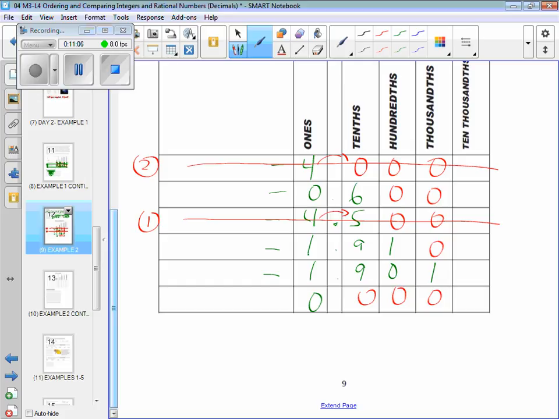Now I have to look at my other 4. 0, -1, -1, 0. Out of those 4 numbers, which 2 should I be looking at? Nathan. Right, I'm going to look at these 2 -1s because that's going to be furthest to the left. Have to look at my next place value though.